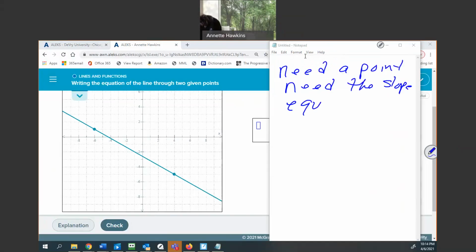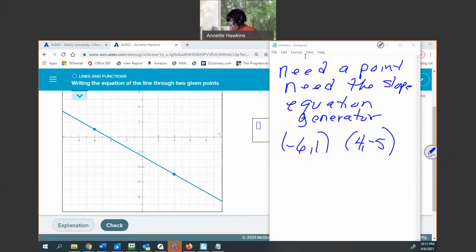Equation generator. We have plenty of points, but none of them are the y-intercept. So this point is (-6, 1). And this point is (4, -5).